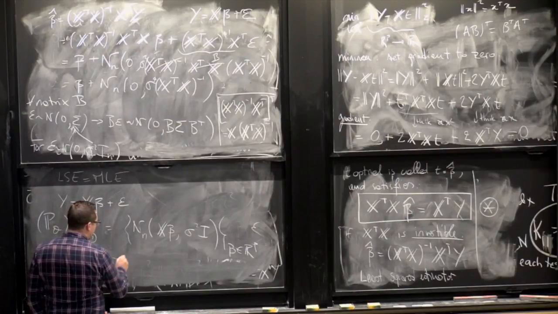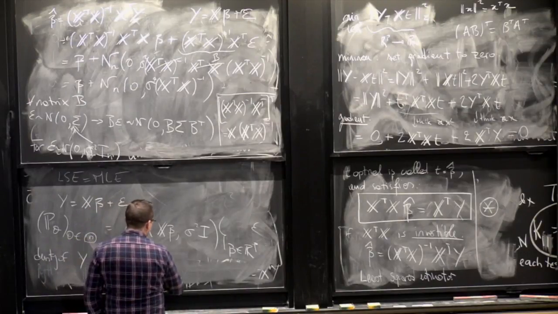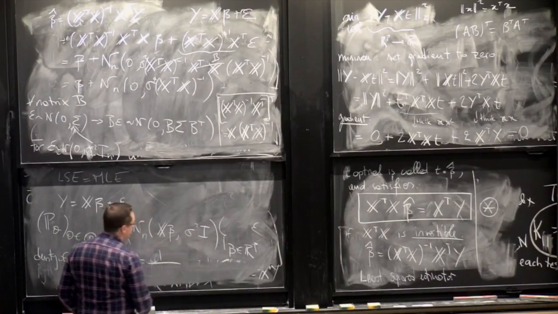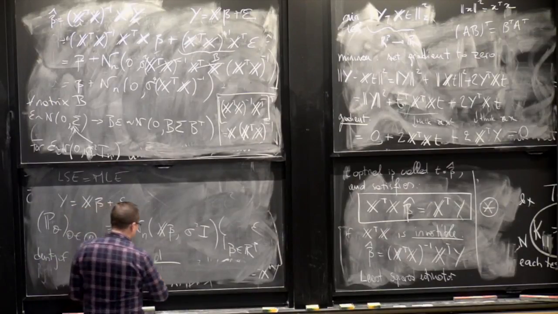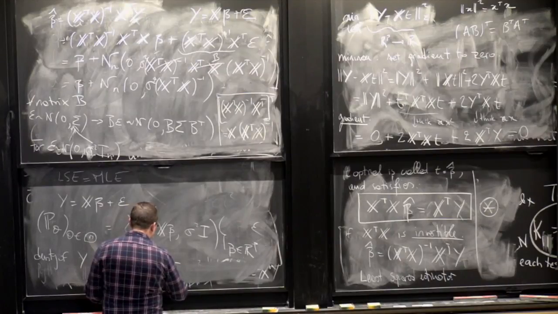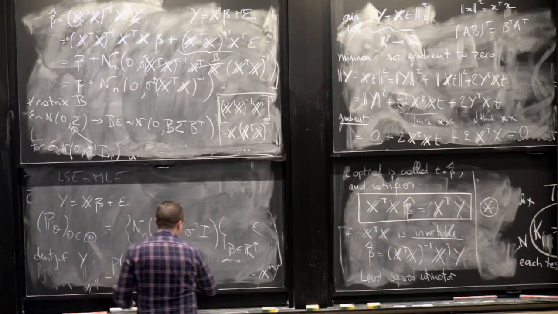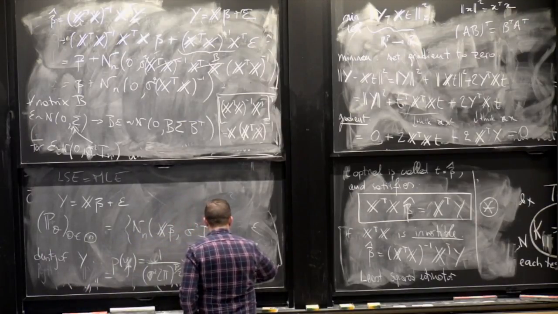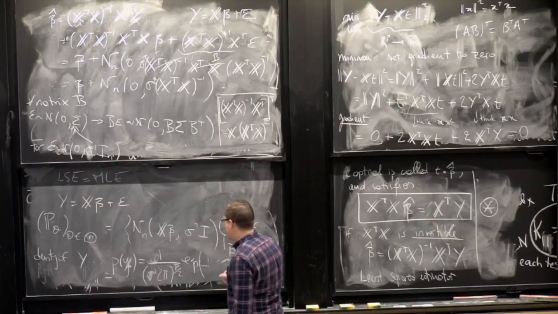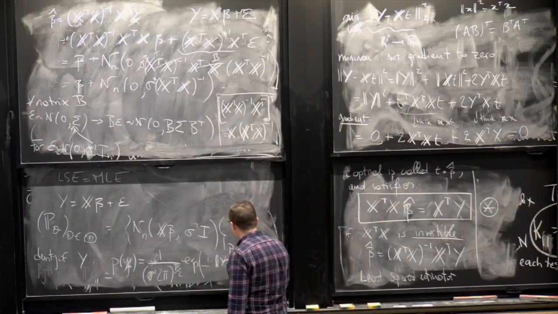It's something that looks like p of y is equal to 1 over, so now it's going to be a little more complicated, (sigma squared times 2 pi) to the p over 2, exponential minus norm of y minus X beta squared divided by 2 sigma squared.